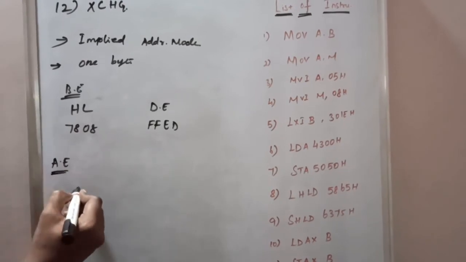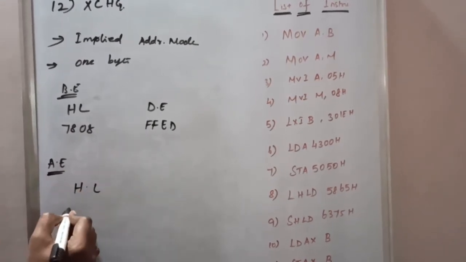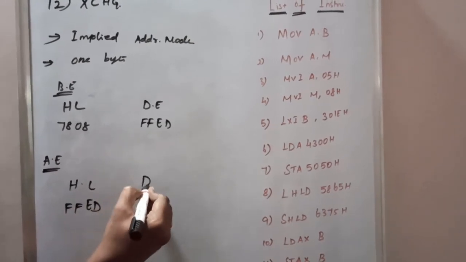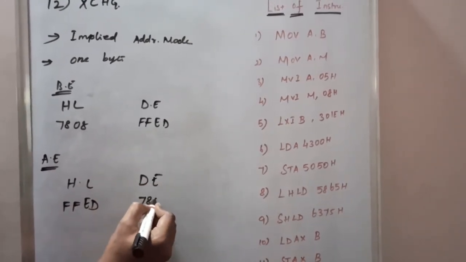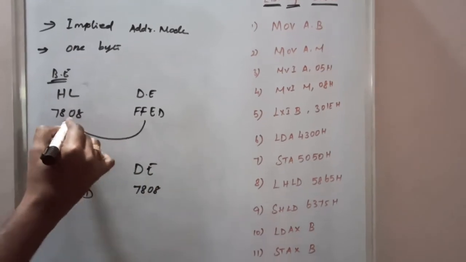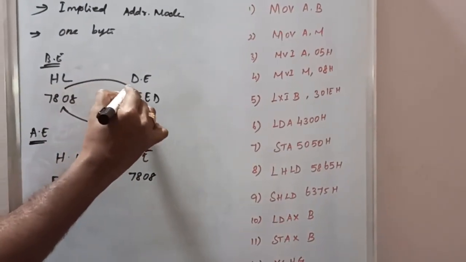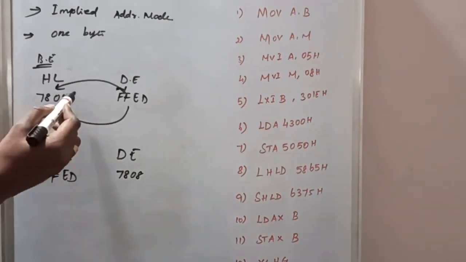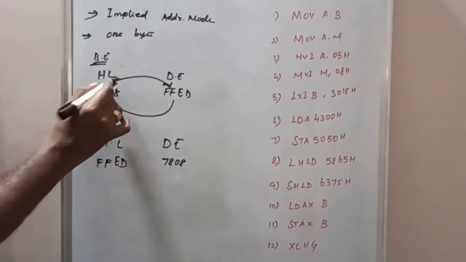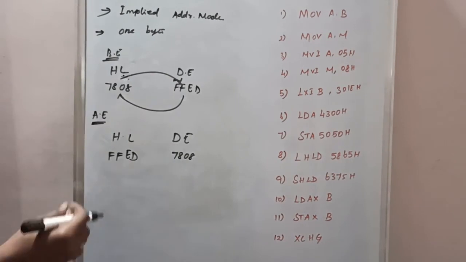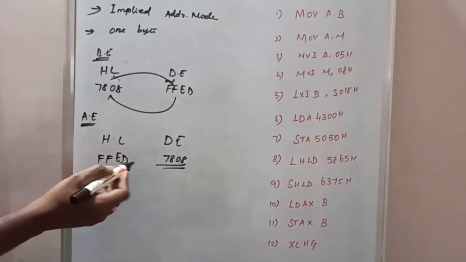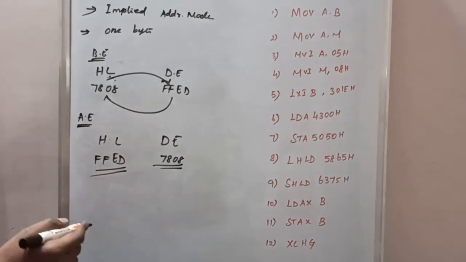So the HL pair holds FFED and the DE pair holds 7808. Just interchanging the two register contents.